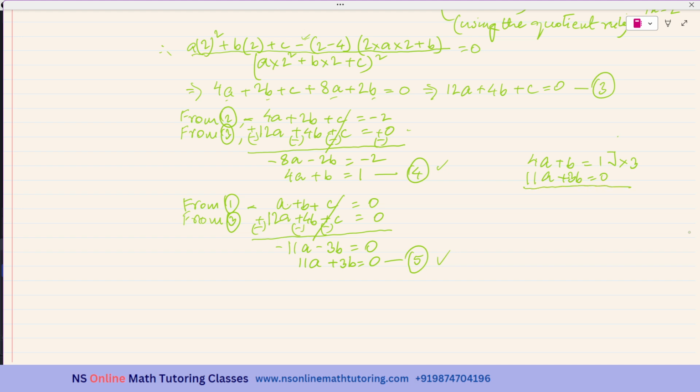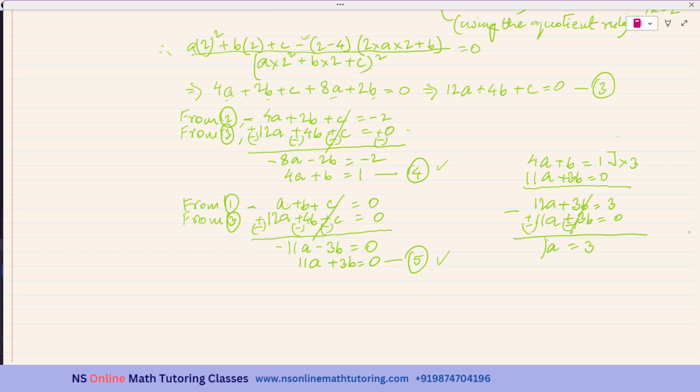So this is 12a plus 3b equal to 3, and 11a plus 3b equal to 0. Again, I'll be subtracting. So 12a minus 11a is a, and these two cancel. A is equal to 3.